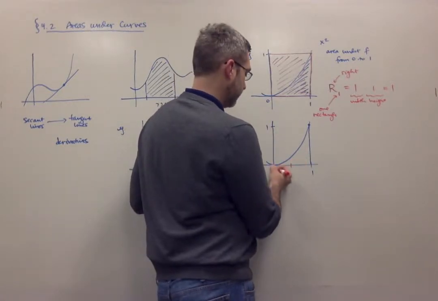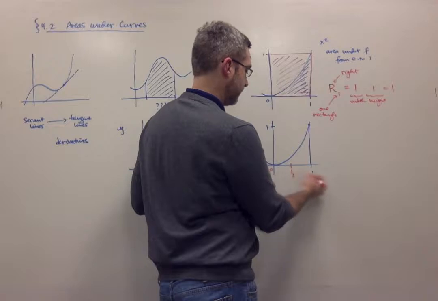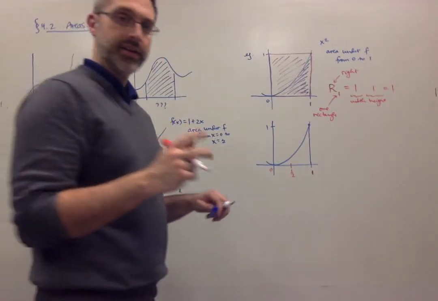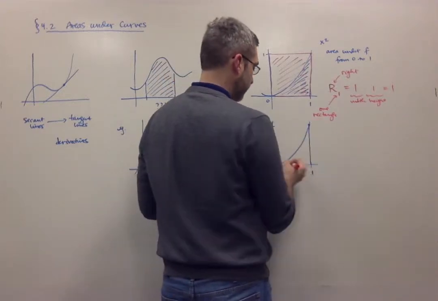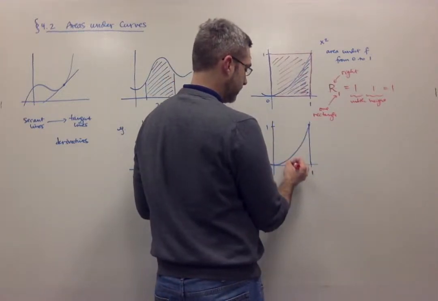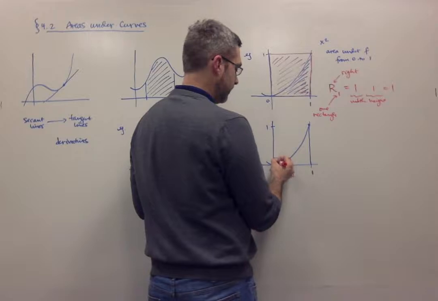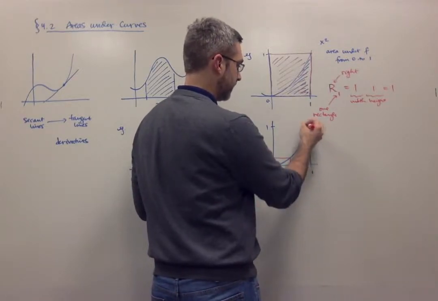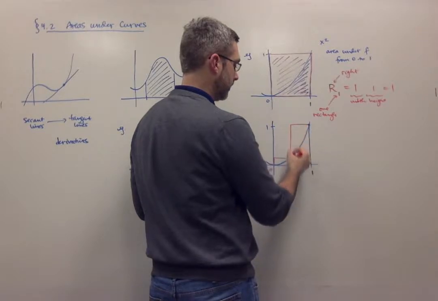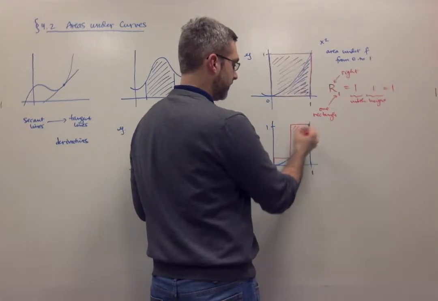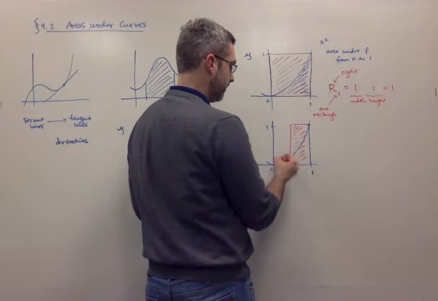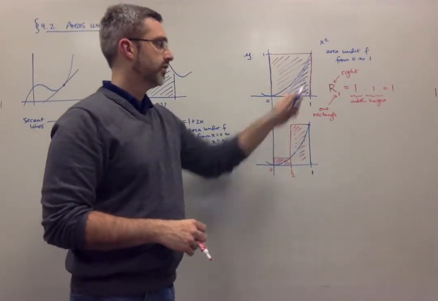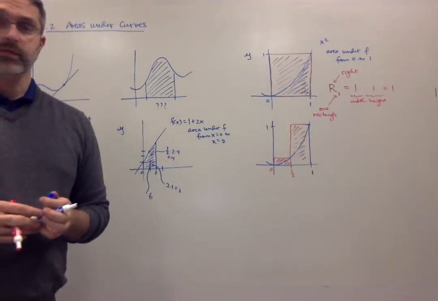In other words, if this is 0, this is a half, and this is 1, and I use two rectangles and the right sides of these intervals, that's going to be a better approximation than just using that one rectangle.